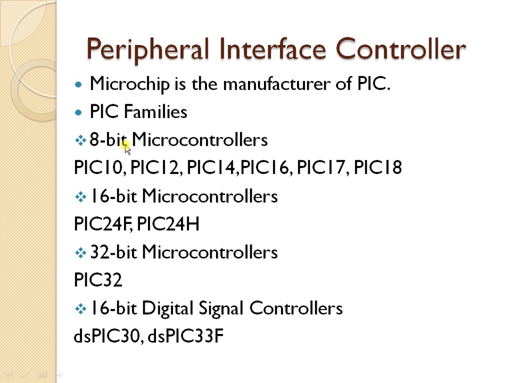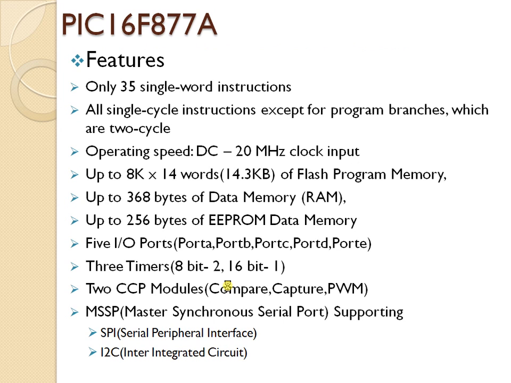The 16-bit family has series like 24F and 24H, 32-bit will have 32, and DSP processors will have PIC 30 as well as PIC 33F. Out of these PIC families, we are talking about the 8-bit family, and inside this we are going to look at the PIC 16 series.